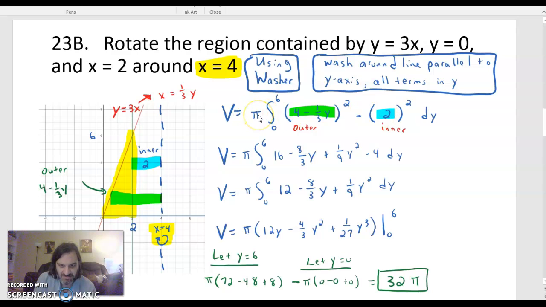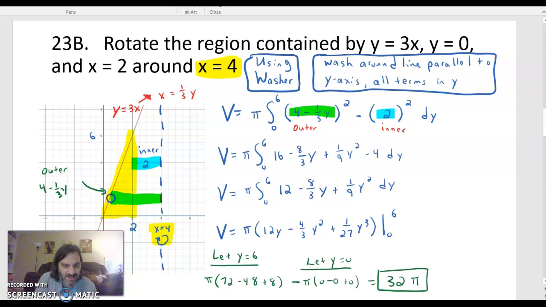So let's see here. We'll have pi, and in terms of y, the integral will run from 0 to 6. And then the outer radius will be from the line of rotation x equals 4 all the way out to y equals 3x. Now that distance is at most 4 all the way out, because we're at x equals 4.